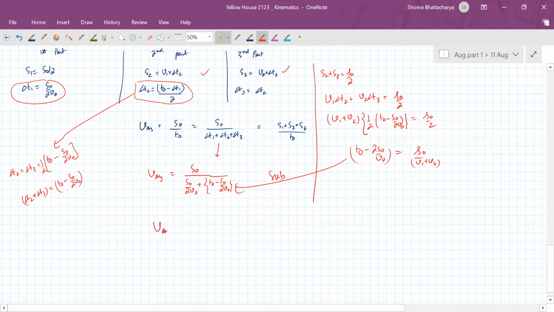So our V average is becoming S naught upon S naught by 2 V naught plus S naught upon V1 plus V2. So it becomes 1 upon 1 by 2 V naught plus 1 upon V1 plus V2. So when we solve this out, it is 2 V naught into V1 plus V2 in the numerator divided by the sum of all this in the denominator. This is our average velocity.